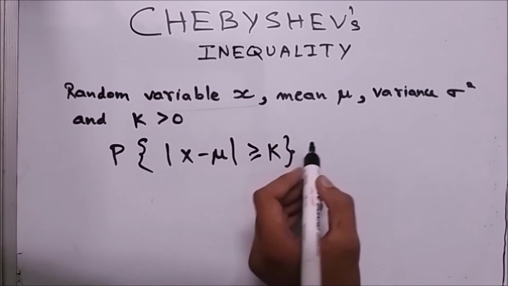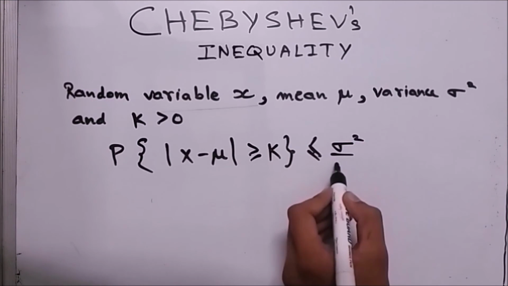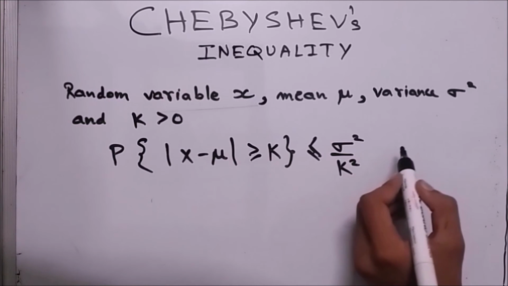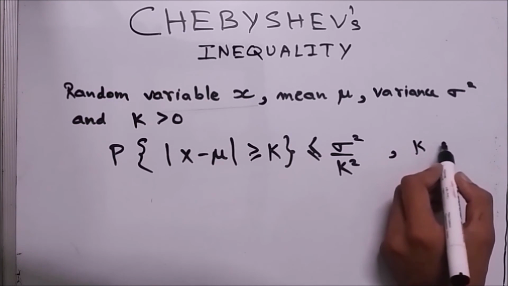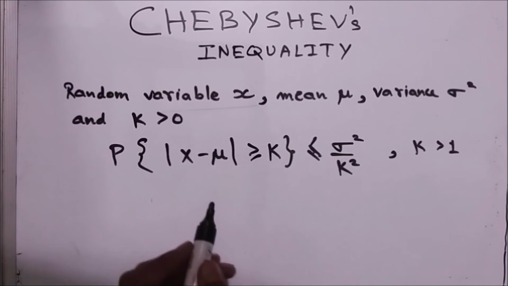This probability is less than or equal to sigma square by k square, with the constraint that k should be more than 0, because if k were 0 then this probability wouldn't make sense.